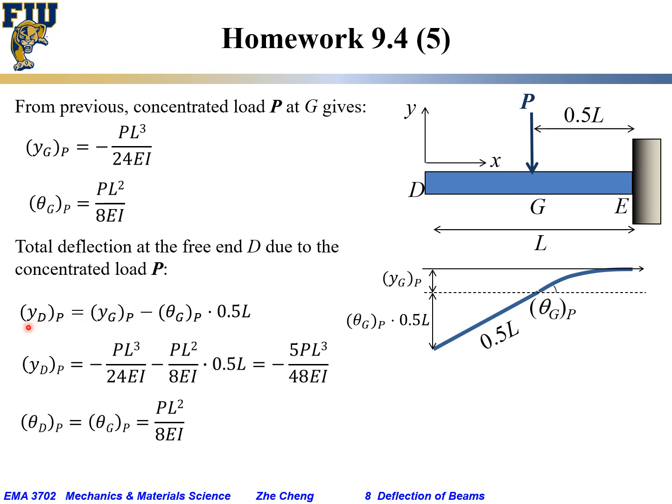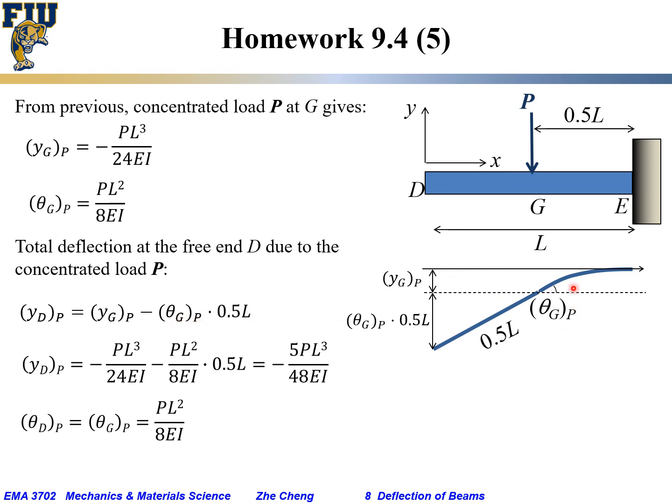Then the total deflection YD at the D point due to the concentrated P would be the deflection at G plus this straight-line side length, 0.5L, times sine theta, which when theta is very small is just theta.